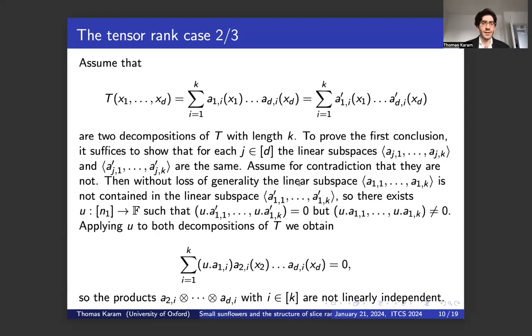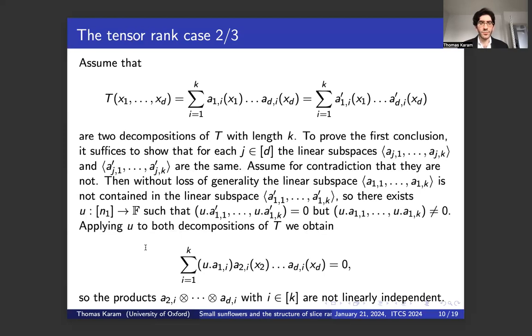And applying the function u to both decompositions of T that I started with, meaning taking the inner product with the function u, that is, summing over all the x1, we get for the first decomposition the expression that I wrote at the bottom. Because u is purely a function in x1, we can just rewrite the expression we started with at the top like this.